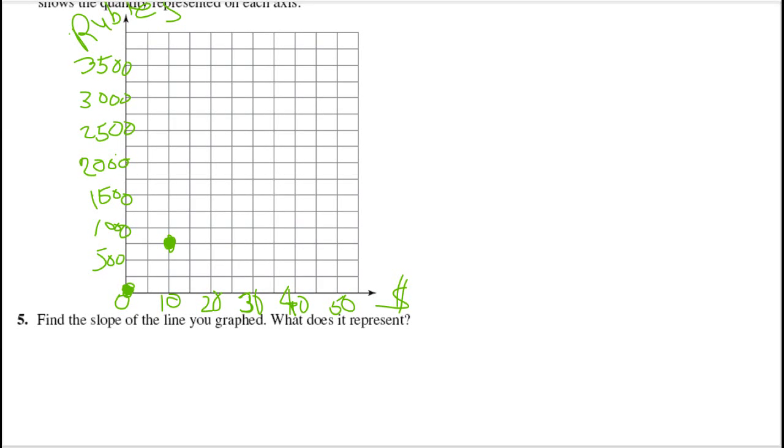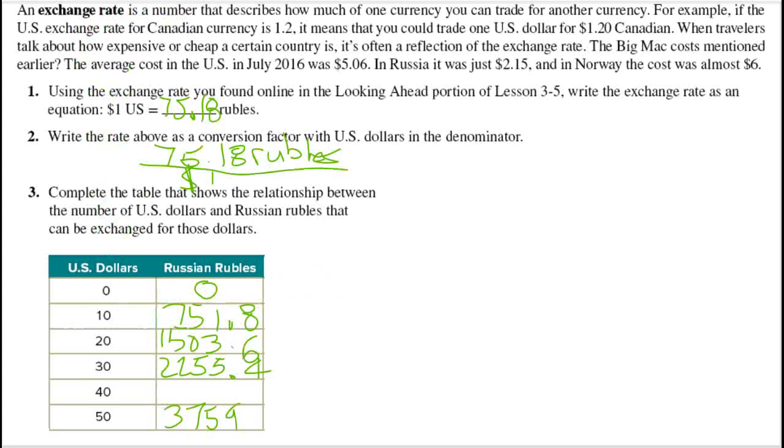But based on the level of accuracy of the graph, I can't really get any closer than 750. So that line covers 750, that dot covers 750, and it covers 751, and it probably goes up to 760 and down to 740. So I'm thinking of it in terms of 750.